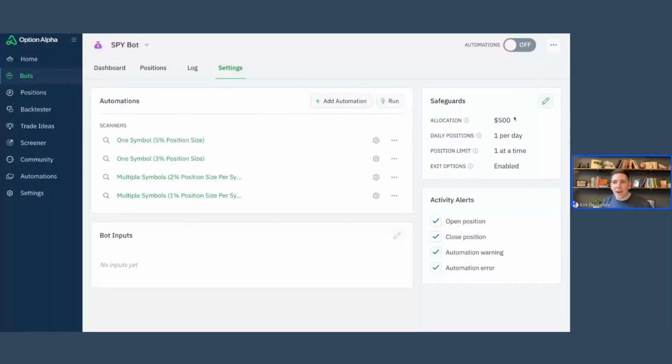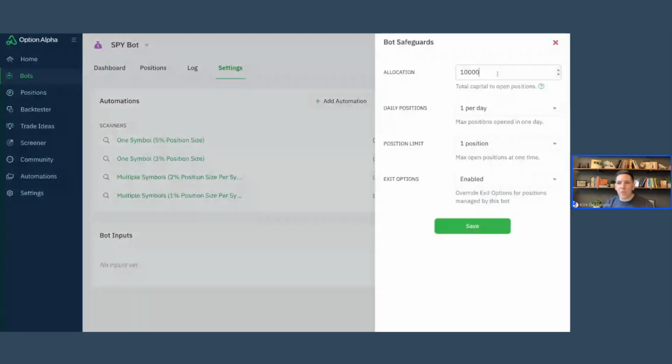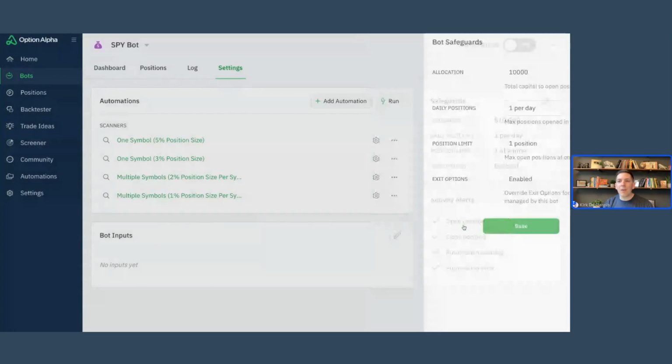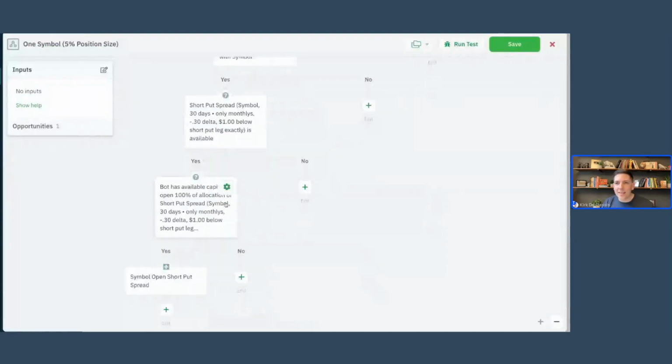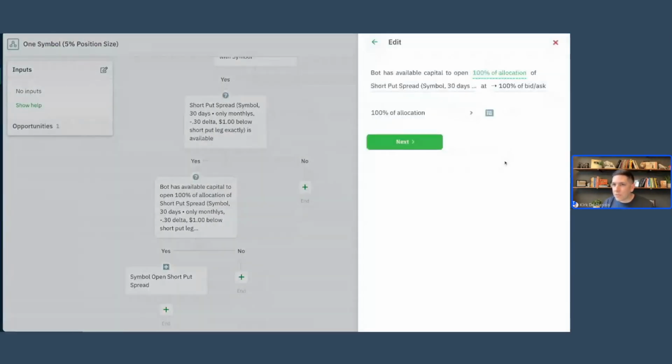Let's say I have a $10,000 portfolio and I want to allocate $10,000. Should I leave this allocation at $10,000? No, I can leave this allocation at 5%.